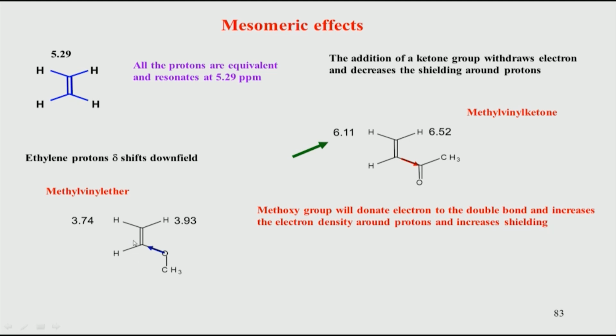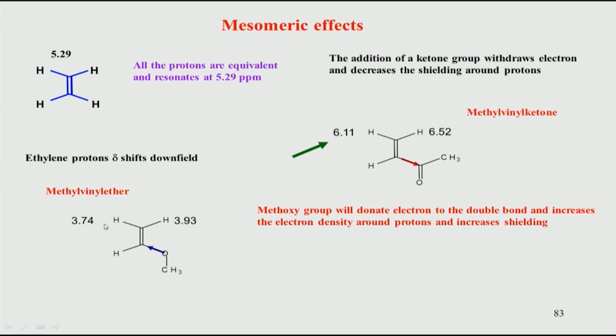Because of the electron donation, the electron cloud density around this carbon increases, which in turn affects the electron density around these hydrogens, because they are also pushed towards higher electron density. Remember again, higher electron density means shielding, lower electron density means deshielding. Because of the higher electron density around these hydrogens, they have become upfield compared to the original 5.3 ppm.